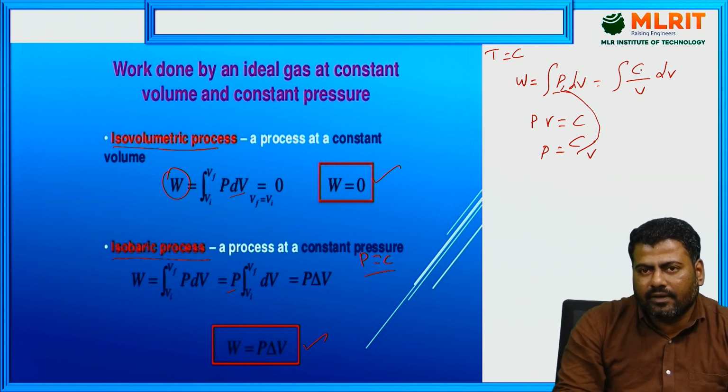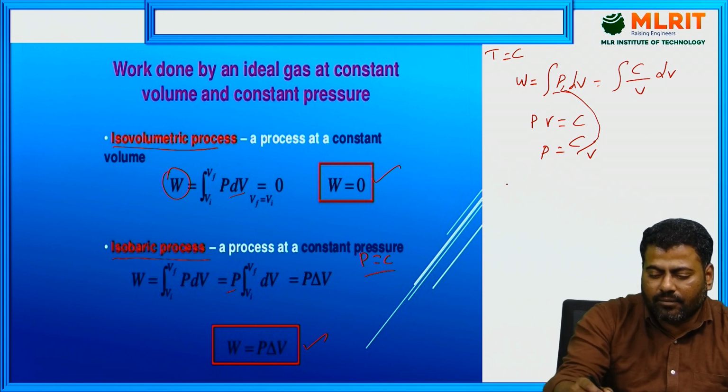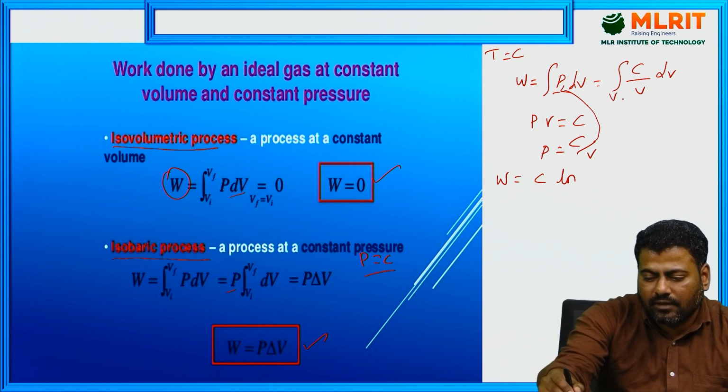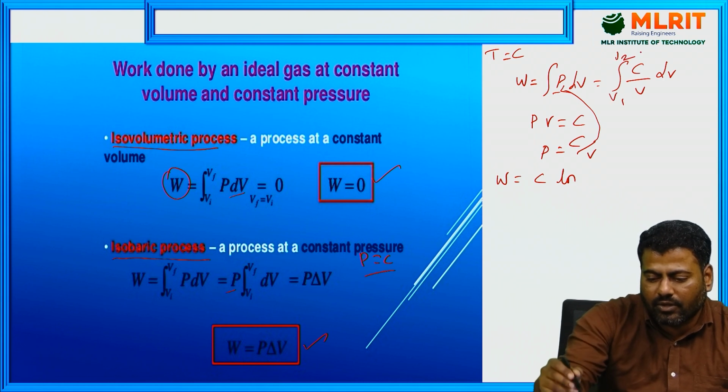So integral dV by V is nothing but natural logarithm of V. So I can write work done equal to C into ln of V. Substitute the limits V1 to V2, so ln of V2 by V1.